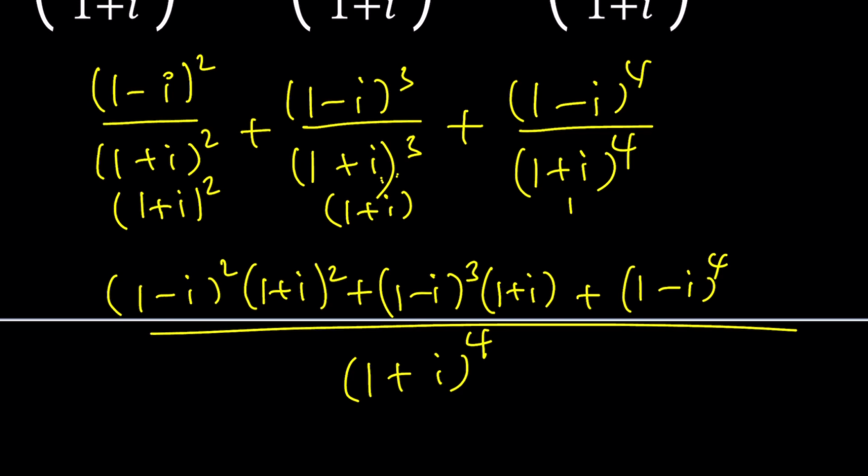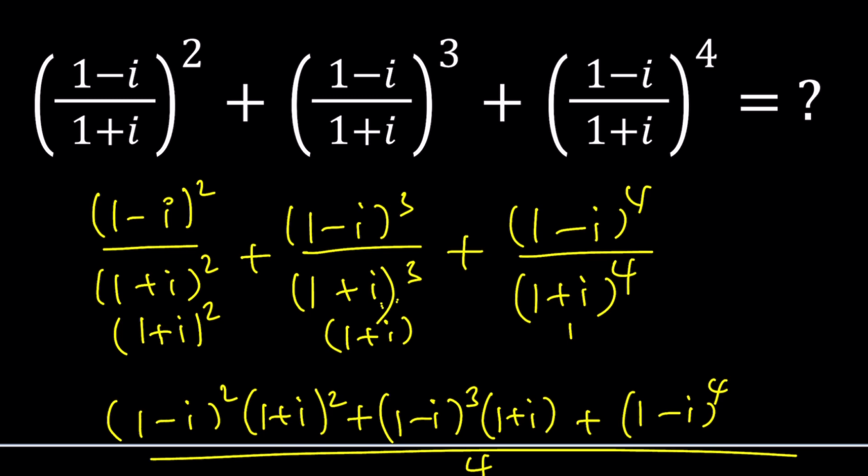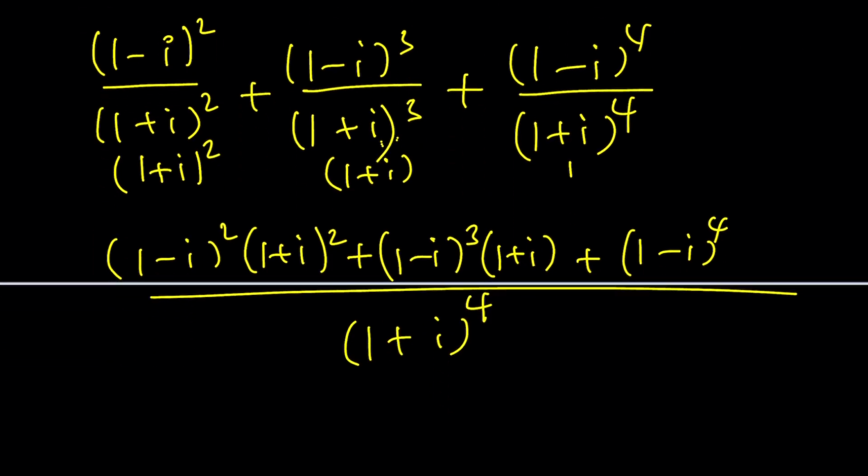And where do you go from here? Simplify, simplify, simplify. A lot of work, kind of cumbersome, time-consuming. There's no need to do this, okay? So there are better ways to do it. Okay, maybe one method we can talk about is, let's say this is the first method, and don't use it, okay? I mean, if you want to use it, that's fine, but that's going to take too long.